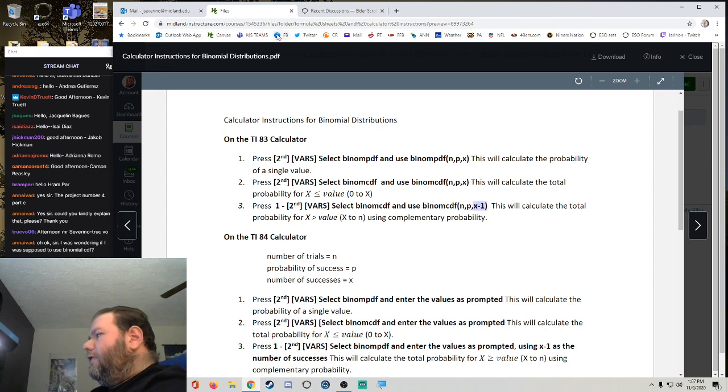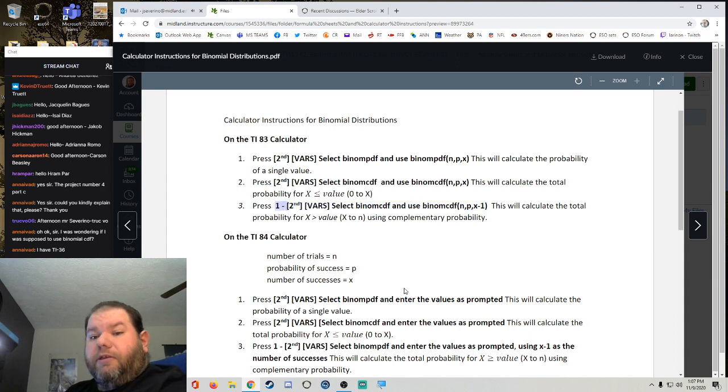So since it says probability of at least 80, we would plug in 79 there for x minus 1. And we do our calculation for that Binomial Cdf. Then whatever answer we get, we subtract from 1 right here.